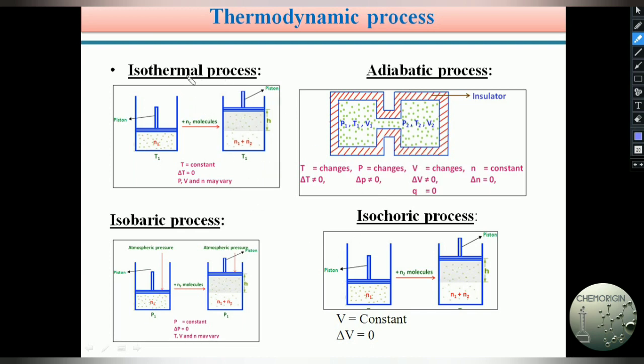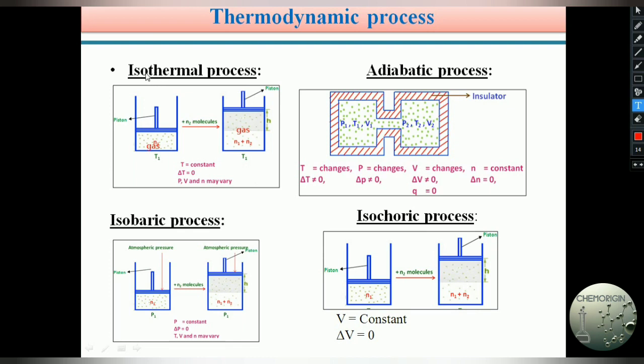For explaining these isothermal, adiabatic, isobaric and isochoric processes, we can take an example: a gas present in a cylinder. Suppose, what is an isothermal process?